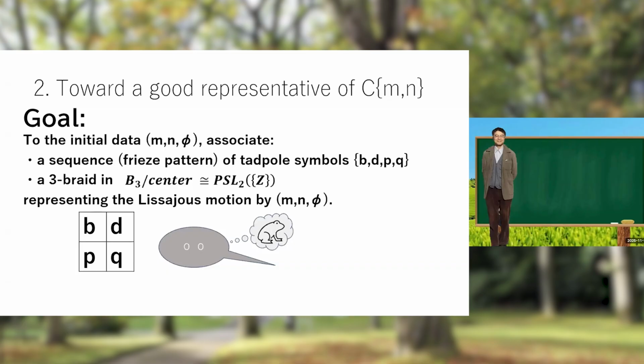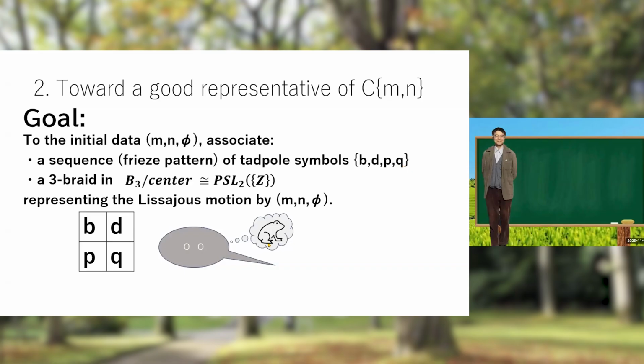And the goal is, to the initial data m, n, p, so frequency pairs and phase difference, we associate a sequence, Frieze pattern of tadpole symbols, BDPQ.